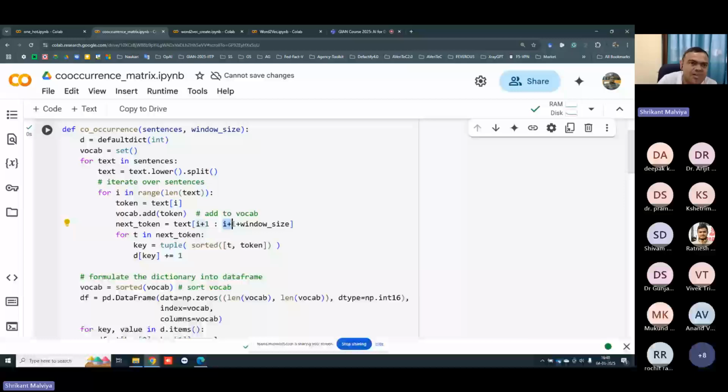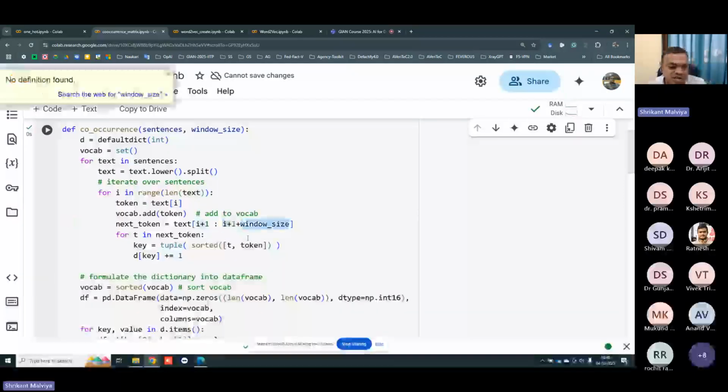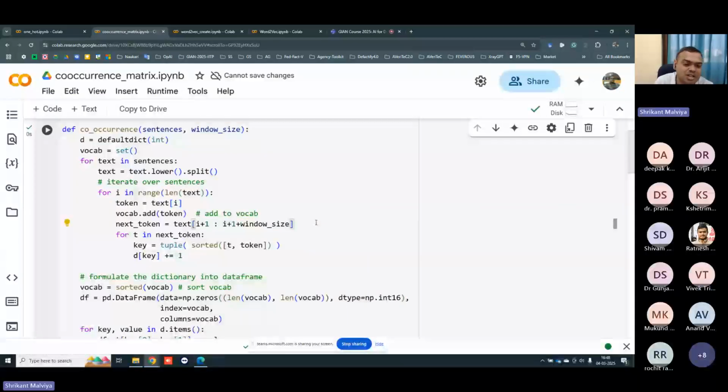So I with the next two words, that's what the next words in that window size. Now you can predict what would be the neighboring words for I. If you are setting window size 2, you have to consider only the next two words, not beyond that.